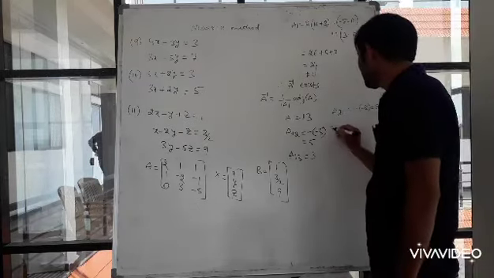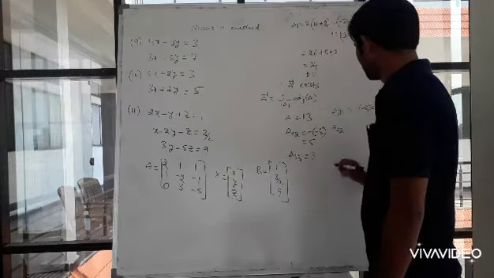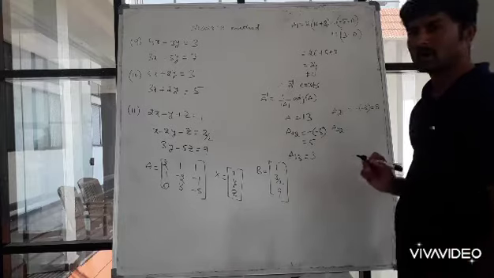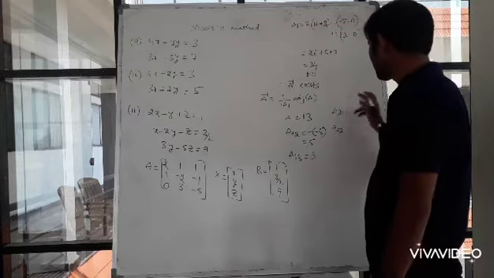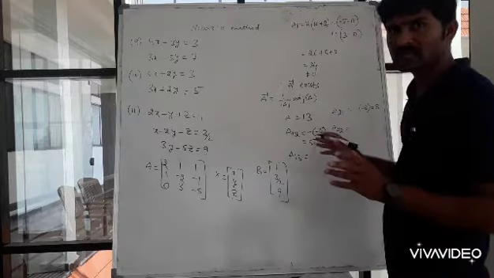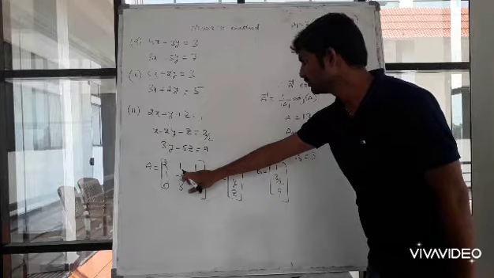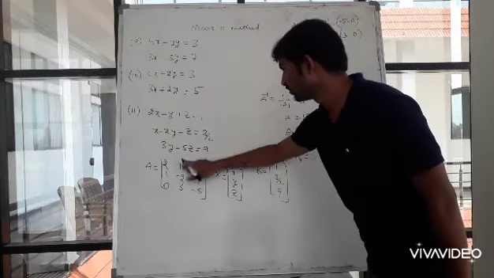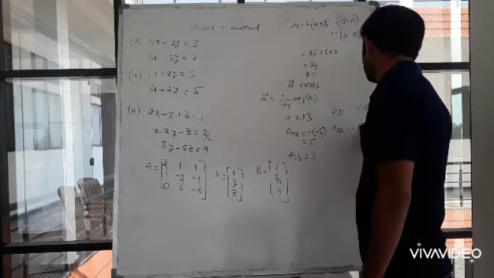Next, A22, middle element. 2 plus 2, 4. 4 is even number. So minus 1 raised to even, it will be positive. No need of considering sign here. So next, leave this row and column. 2 5s are 10, minus 0. It will be minus 10.